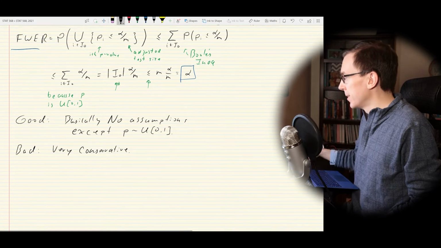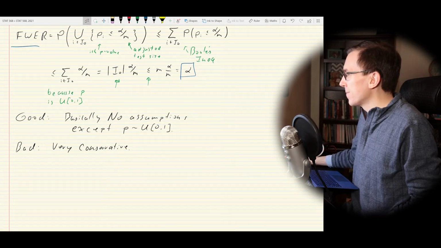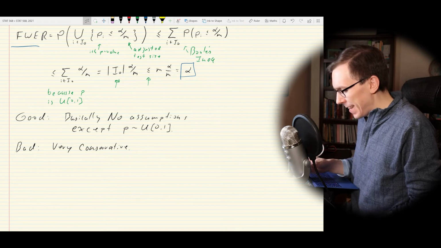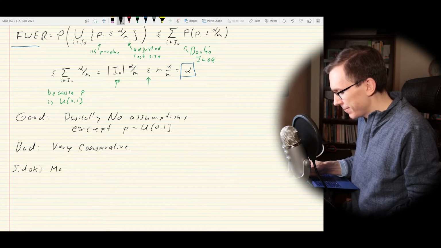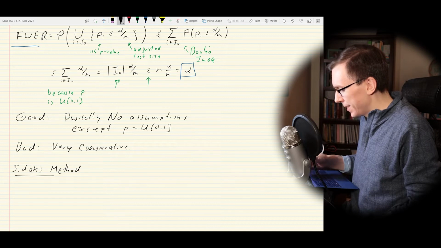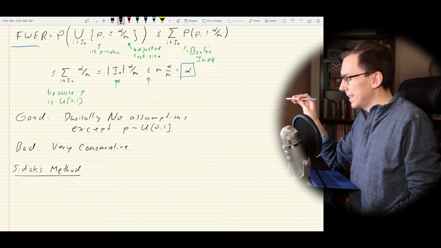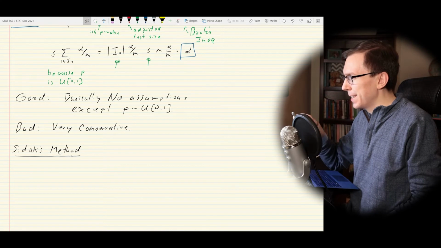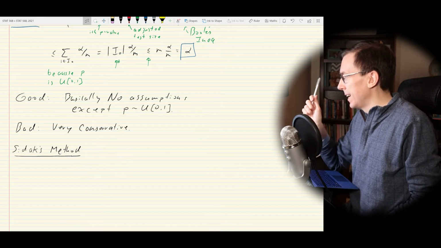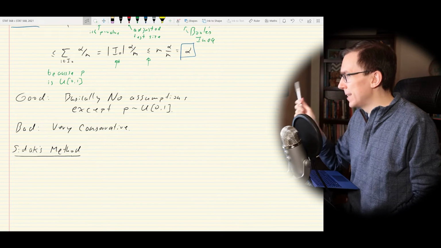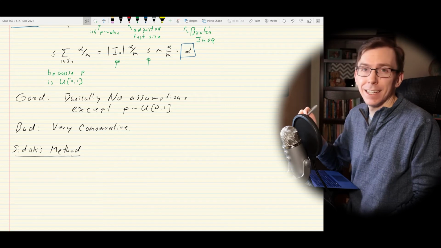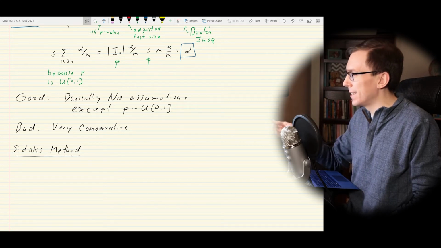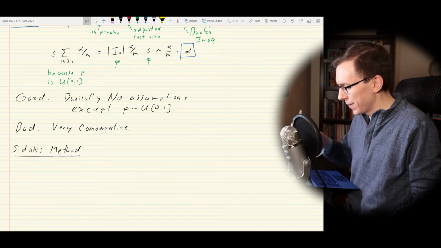So what else can we do? Well, we have another method, we have more than one method, but another method is called Sidak's method. And this one is going to be kind of the same thought process, but we're going to have one specific requirement, which is we need the null hypotheses, or we need the p-values to be independent, or the tests to be independent for this to work.